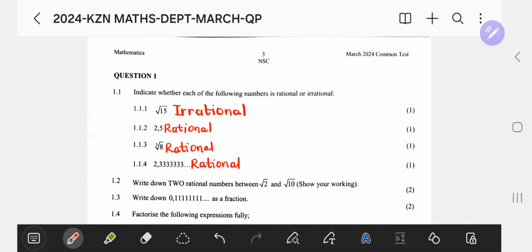Now we are on to 1.2. It says write down two rational numbers between the square root of 2 and the square root of 10 and show your working. Now to understand how to do this, we're just going to work with it separately. Since they want us to show all working out, we need to understand exactly what the square root of 2 and the square root of 10 is equal to.